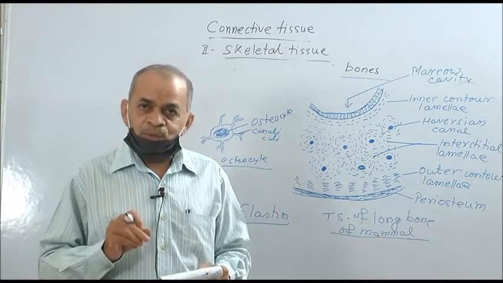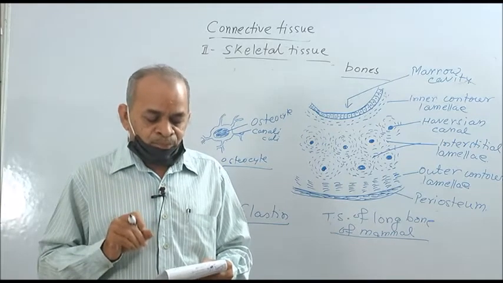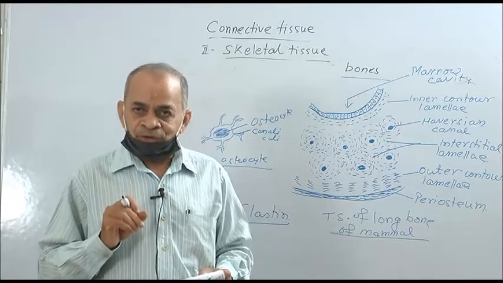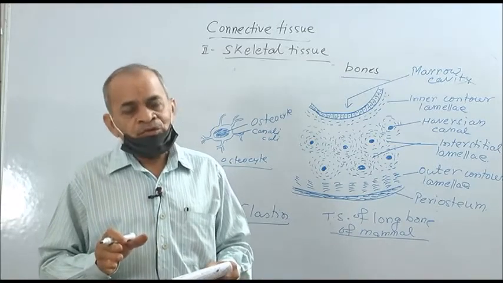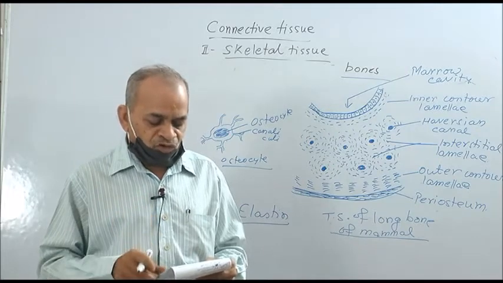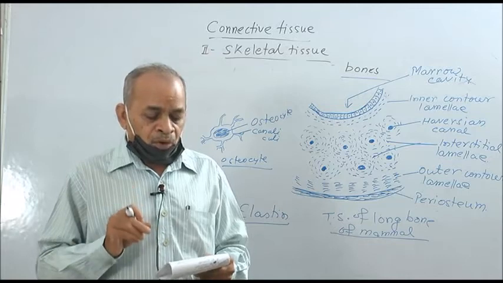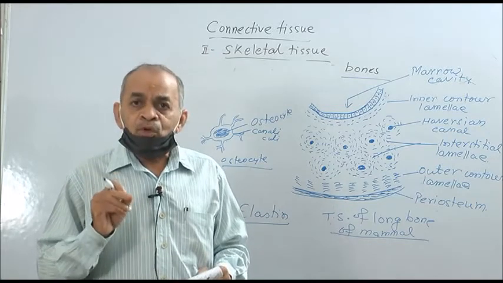So calcium carbonate, calcium phosphate, calcium fluoride and magnesium phosphate. So these are the salts which are present in the matrix. These salts form 2/3 of the bone weight.